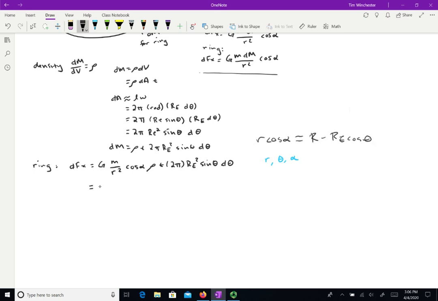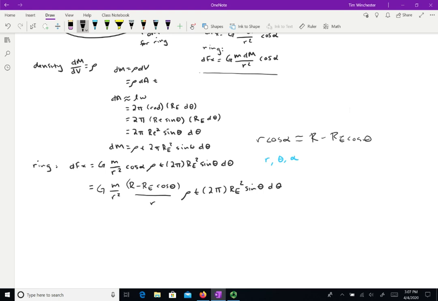So dF_x is equal to G m over r squared times, well, cosine alpha is that expression divided by r, so big R minus r_e cosine theta over r, times everything else. So rho t times 2 pi r_e sine theta d theta. There's a square over here. Okay, so what I have now is an expression that's in terms of just theta and little r.